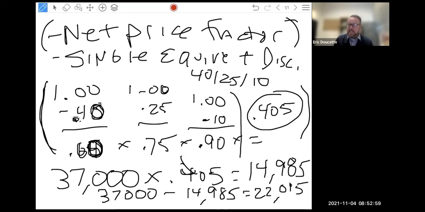That is my discount amount. That's how much I was discounted by using this trade discount that I was given. So we're going to show you another way to do that, though. That's a little easier. I'm going to find the discount amount by using the single equivalent discount instead of the net price factor. So that's what I'll show you to do next.